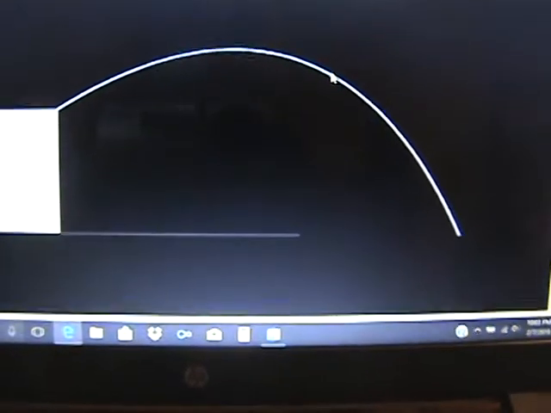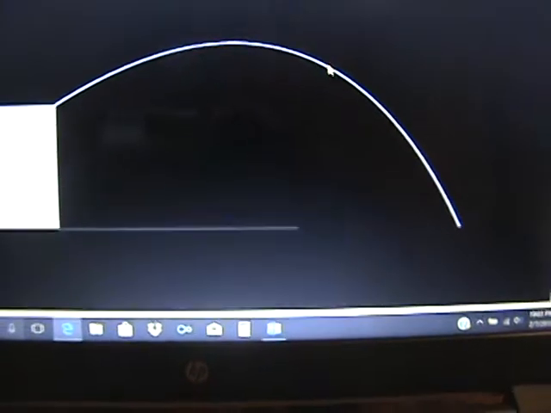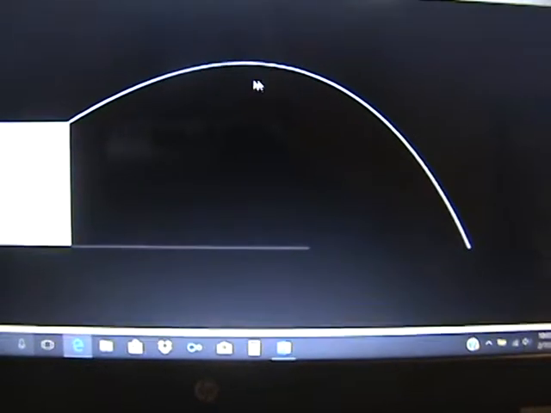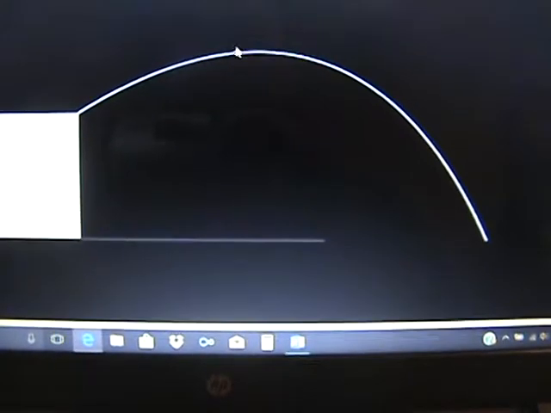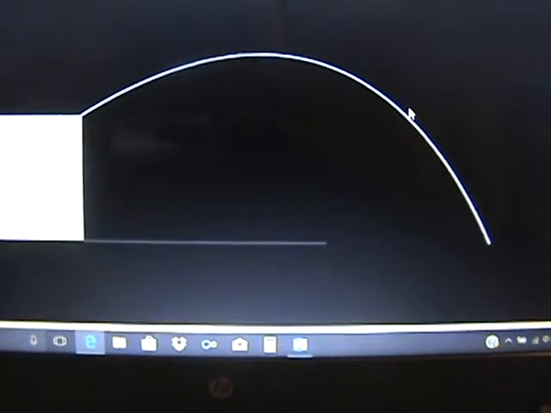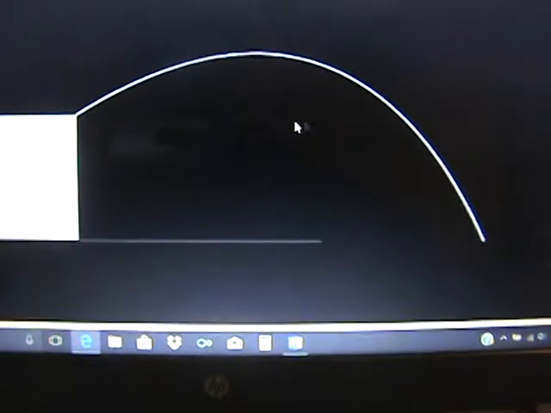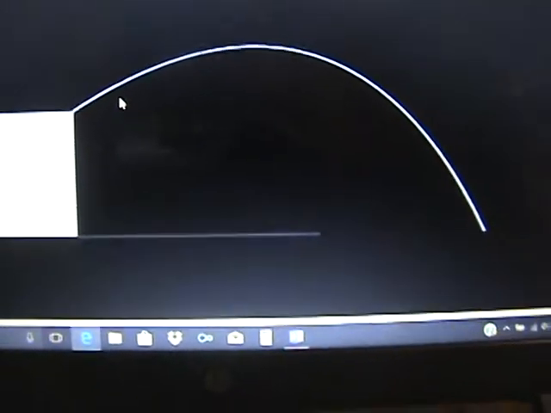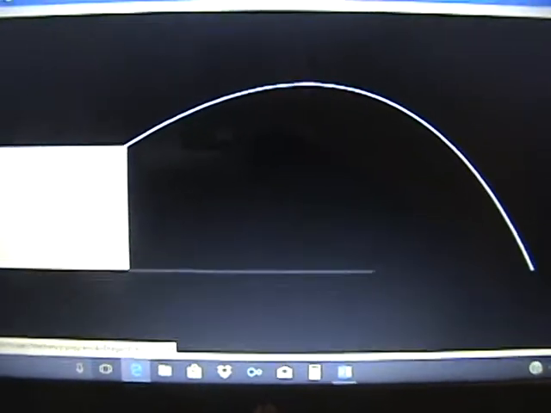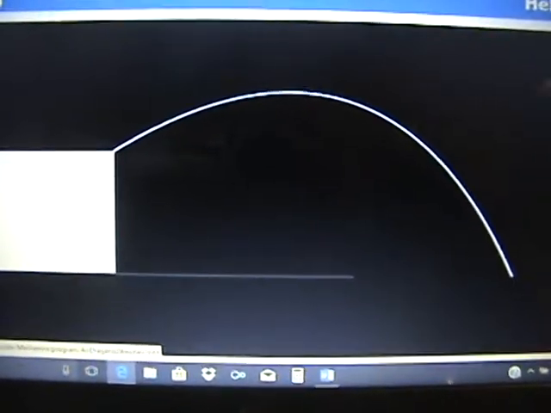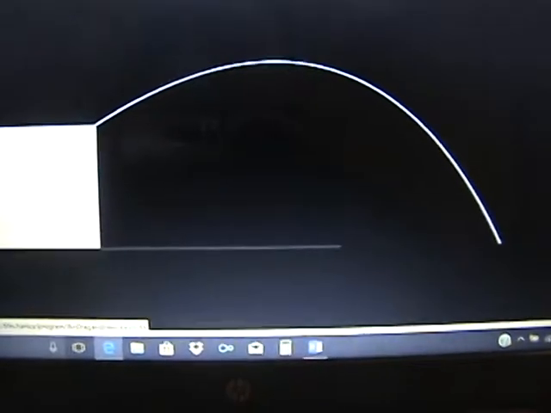The resisting air force is completely dependent on velocity. So the same force that is applied on this is the same that was applied to the styrofoam. Not entirely, because the velocity was different at different points, but it's only velocity dependent. So it's going to take a lot more time for this to deplete.